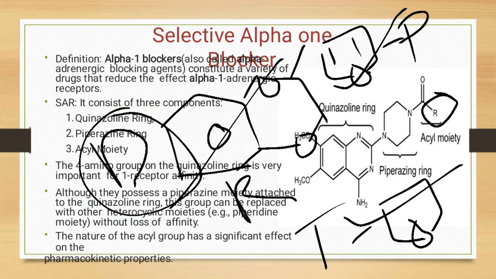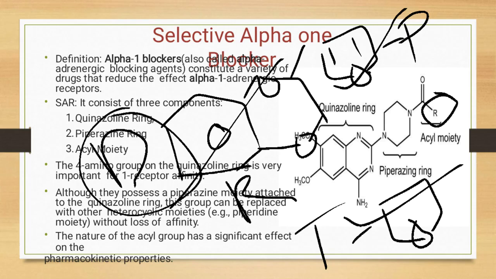The only difference between these three drugs is the pharmacokinetic properties. Their bioavailability is different, their pharmacokinetics is different. Prazosin has 50 to 70% bioavailability, but terazosin, which is the reduced form, has bioavailability of nearly 90%.